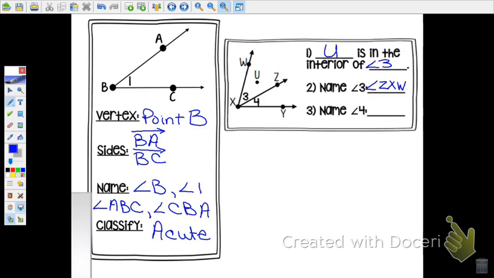I can't call it angle X because if I say angle X, looking at the picture, I don't have any idea which angle we're referring to. Angle 3 has the vertex of X, angle 4 has the vertex of X, and then the great big angle, WXY, has the vertex of X. So that's why we cannot use X.